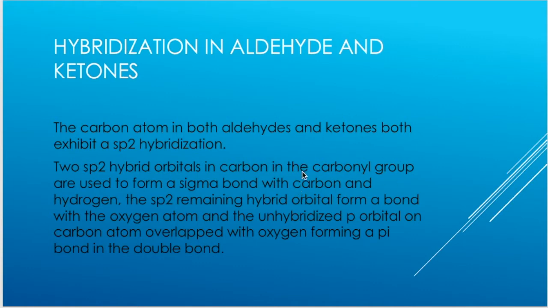For a ketone, it forms one with an R group and the other with the other R group. The remaining sp2 hybrid orbital bonds with the oxygen atom, and the unhybridized p orbital on the carbon overlaps with the oxygen, forming a pi bond, which we see as a double bond.